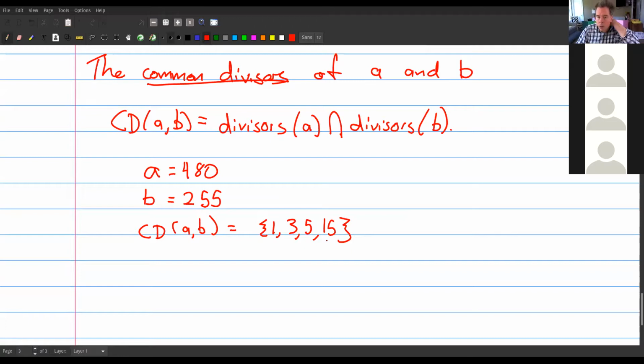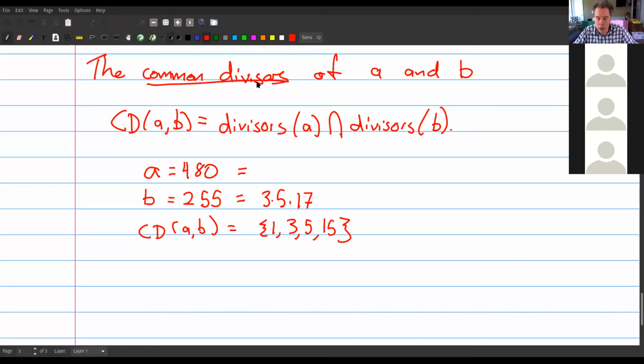If you factorize them, it's easy to figure this out. We already know that 255 is 3 times 5 times 17. And then what is 480? I'm going to factor it really fast. Factor 480, that is, whoa, 1, 2, 3, 4, 5. It's 2 to the 5th power times 3 times 5.